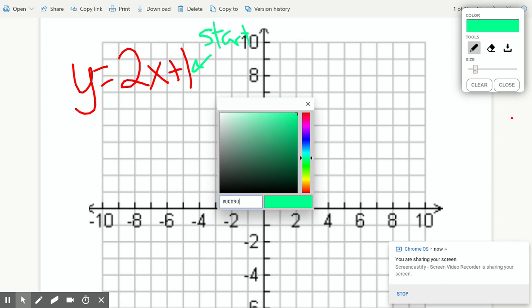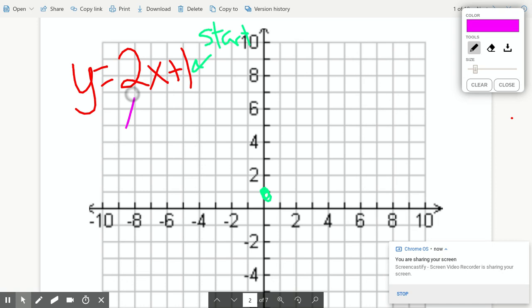This value right here represents my rise over run, my slope, how steep the line is. Rise over run. So 2 as a fraction is 2 over 1.